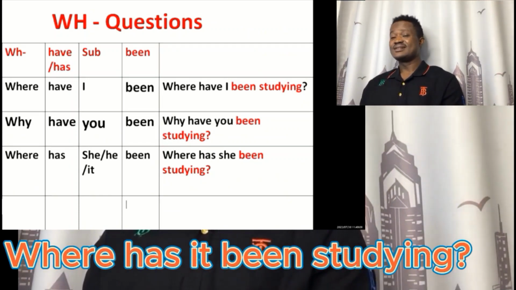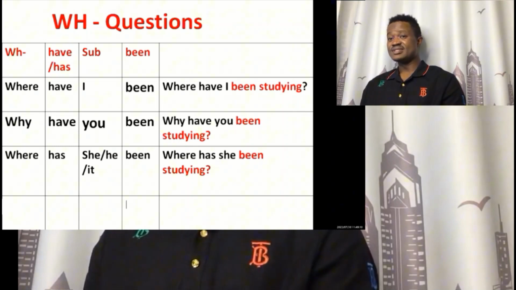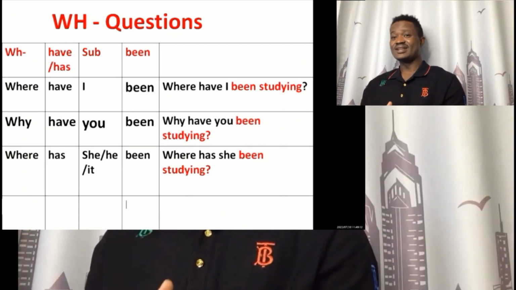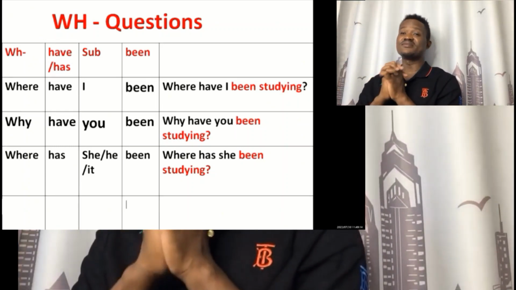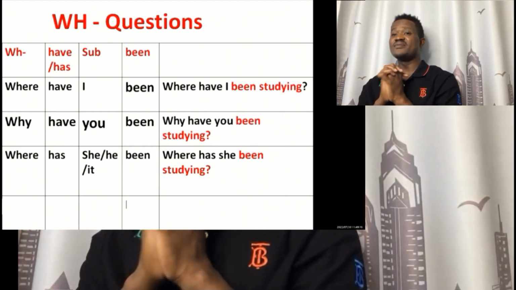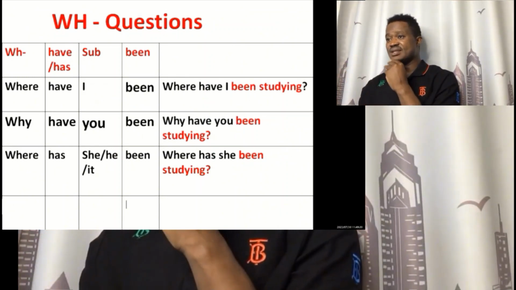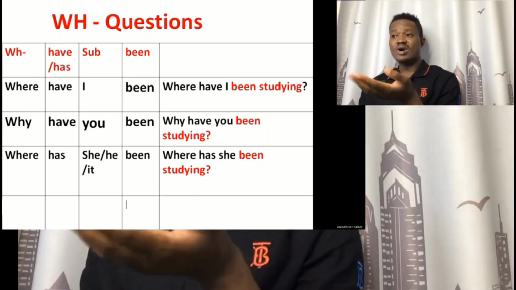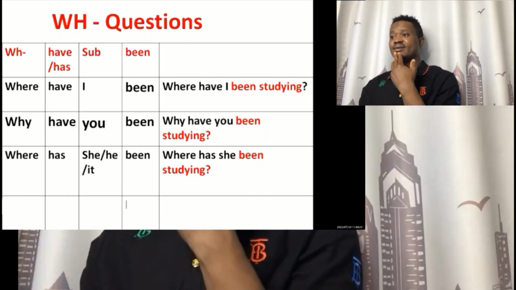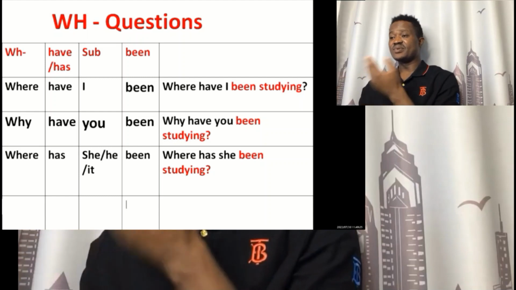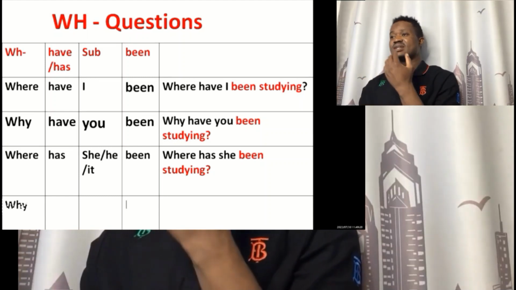Although you can use it for animals, animals cannot study, but we're just using it for the sake of the formula. So you've got to see how we use where, why, where again for the third person pronouns.